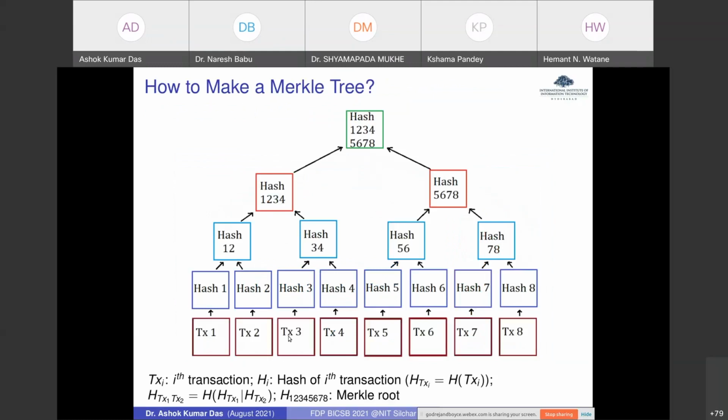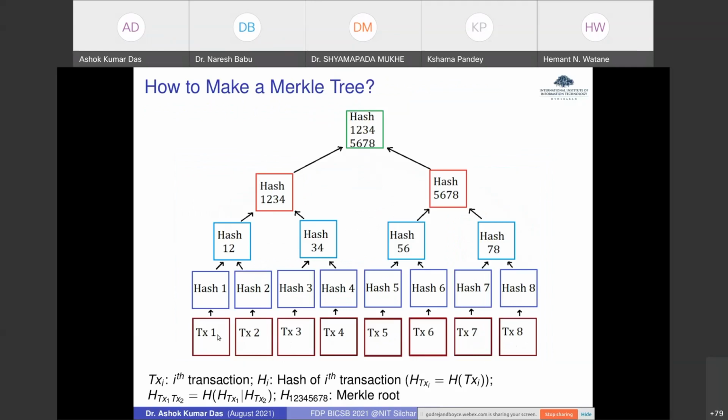Now let us talk about the Merkle tree root. A Merkle tree is a special kind of tree, a complete binary balanced tree, in which all the transactions are put at the leaf nodes.